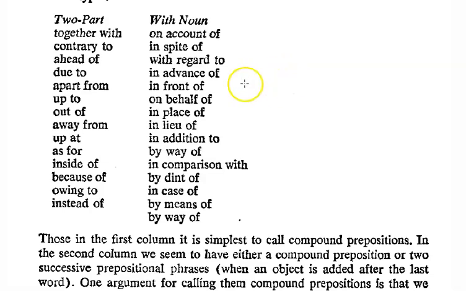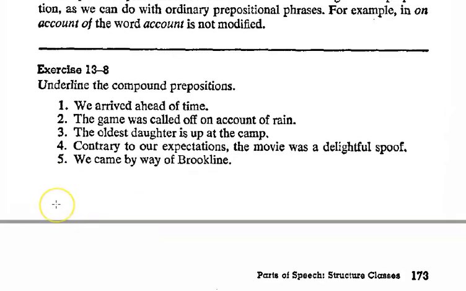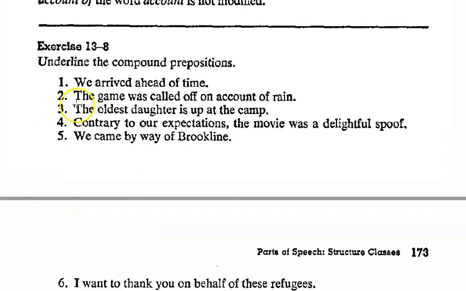Okay? Now, let's look at exercise 13.8. Now, the task is to underline the compound prepositions. It's a simple task. So in number 1, we arrived ahead of time, ahead of.